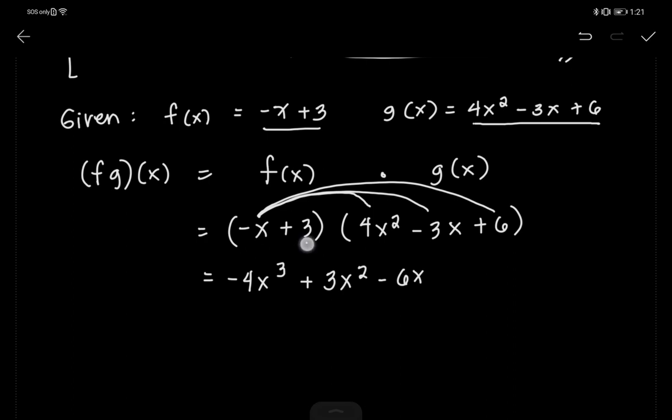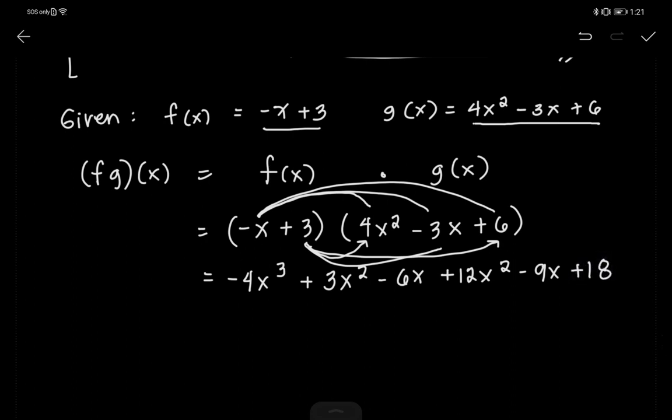So 3 times 4x squared is equivalent to positive 12x squared. Then 3 times negative 3x is equivalent to negative 9x. Then 3 times positive 6 is positive 18.